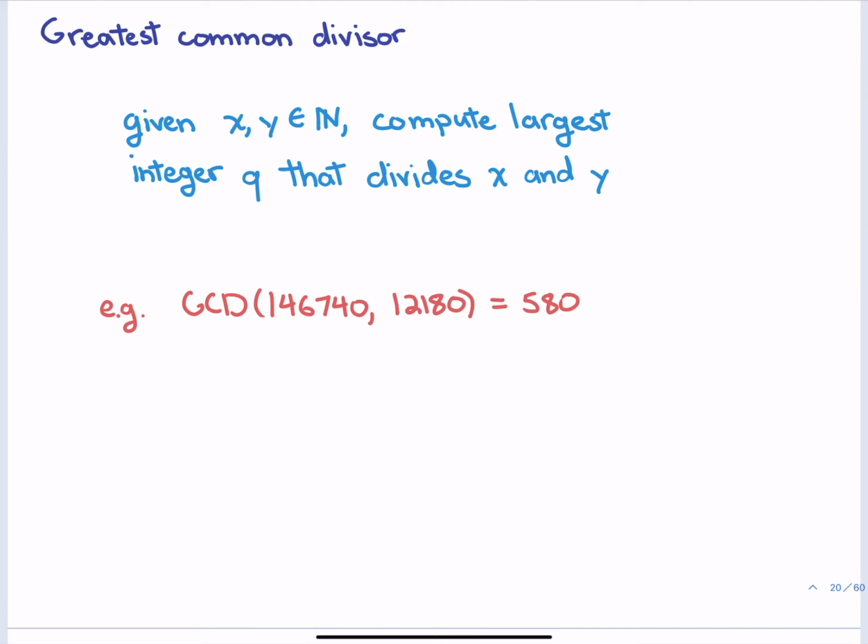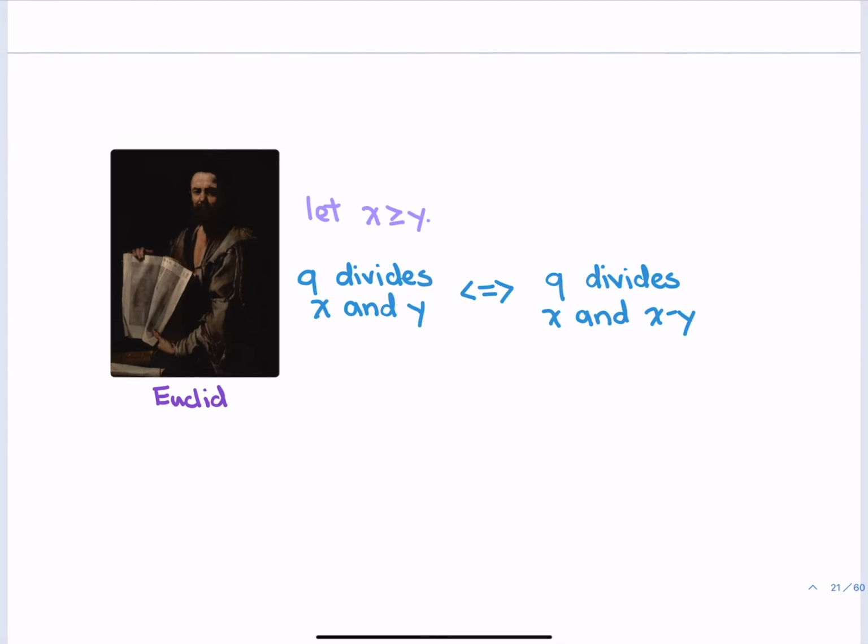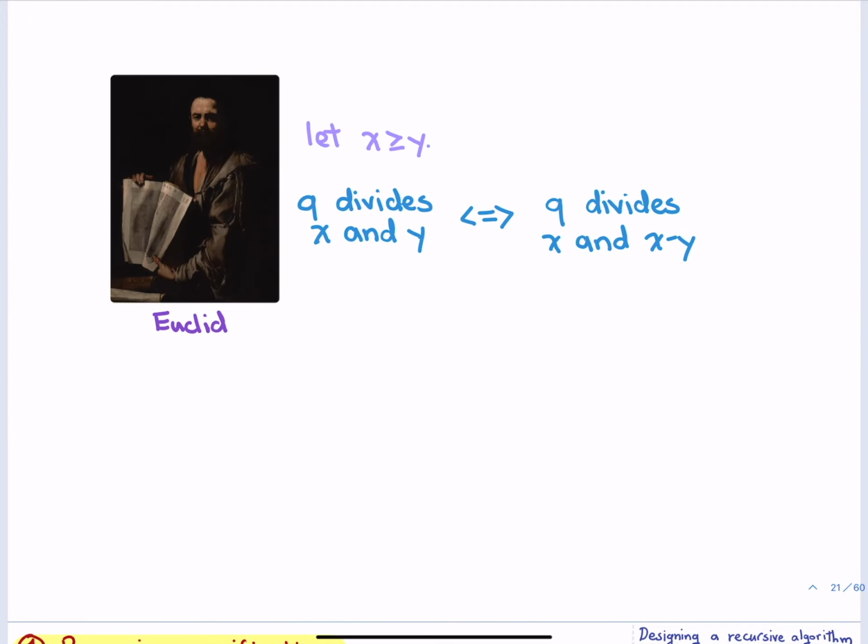Okay, so here's an observation going back to Euclid. That's Wikipedia's picture for Euclid. Let's say x is at least y. Then if q divides x and y, then q will also divide x and x minus y. And vice versa.